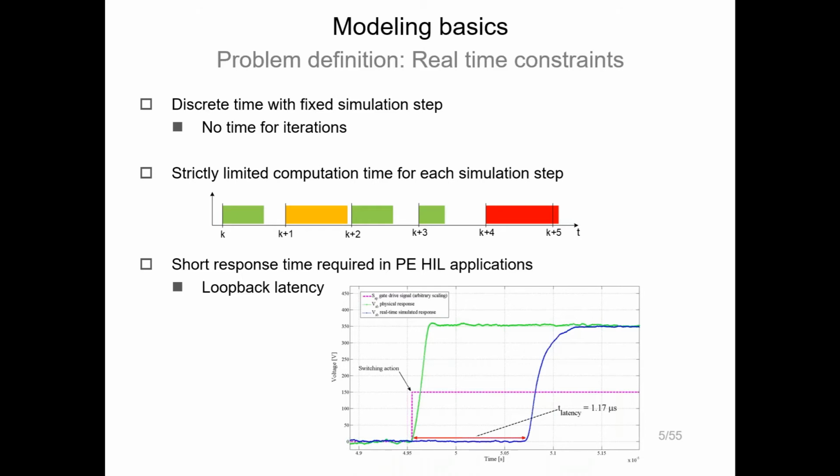What we mean by this is that the time from an event on a simulator input to the corresponding simulator response visible on its output needs to be as short as possible. And we refer to this as the loop-back latency.